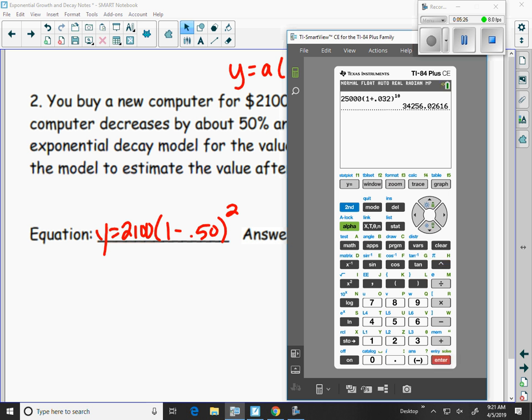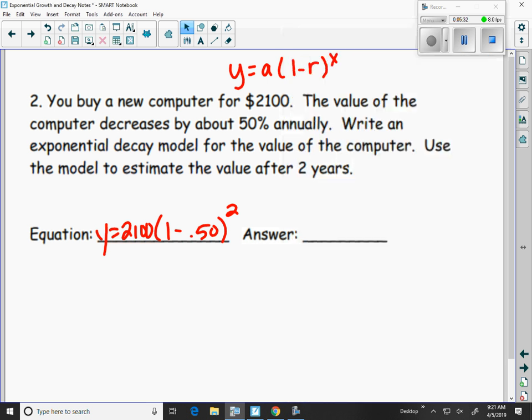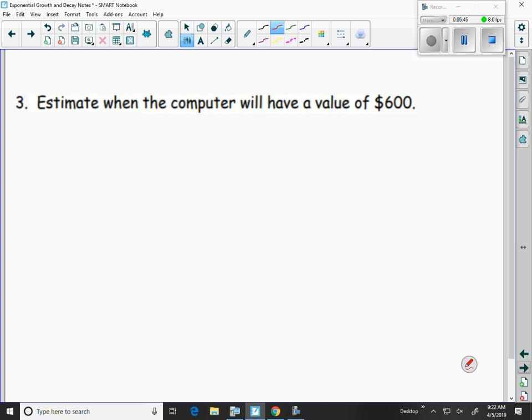Okay, $525 is what it's worth. Any questions?